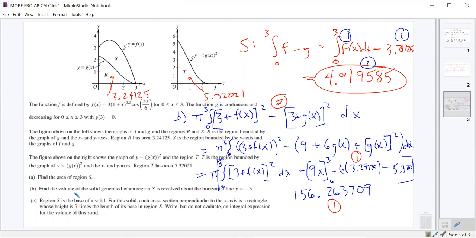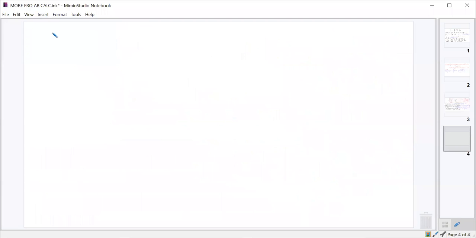And then part C, it says region S is the base of a solid that has rectangles coming out of it. And the length here is 7 times the height that goes perpendicular to the x-axis. So the area of the cross section is 7h squared, where h is equal to f of x minus g of x, just the distance between the two functions.